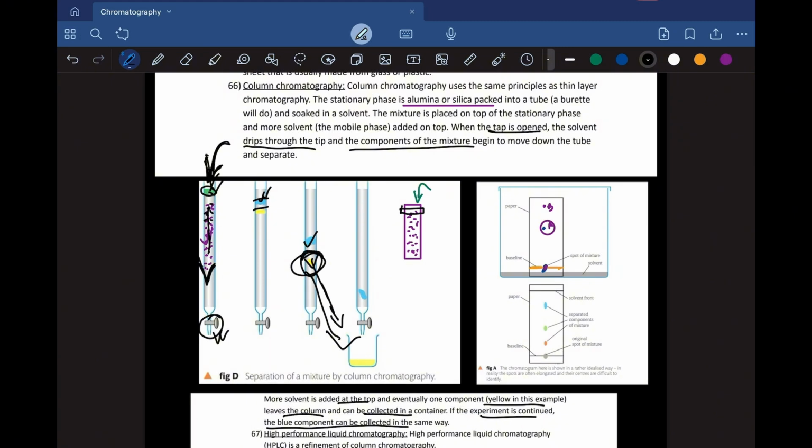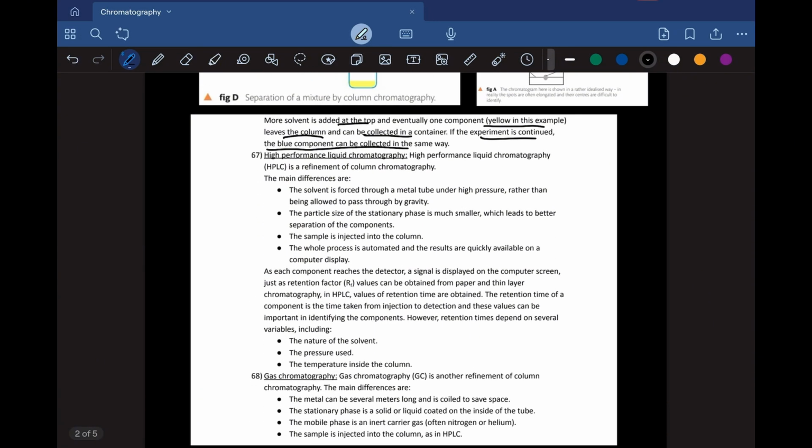Let's say here the yellow one was more polar, so it was more attracted to the solvent, and that's why it was falling way more quickly than the blue one. So this is what is happening in column chromatography.